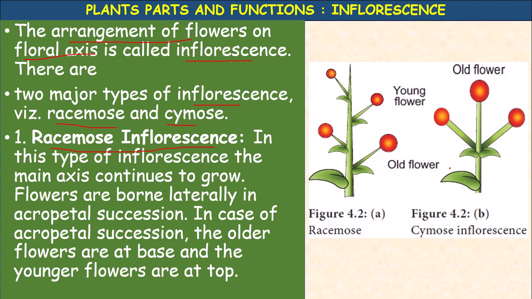Cyathium is a special type of inflorescence. Verticillaster is another type of inflorescence present in Ocimum. Ocimum means Tulsi. And Hypanthodium is another special type of inflorescence, which is present in Ficus.